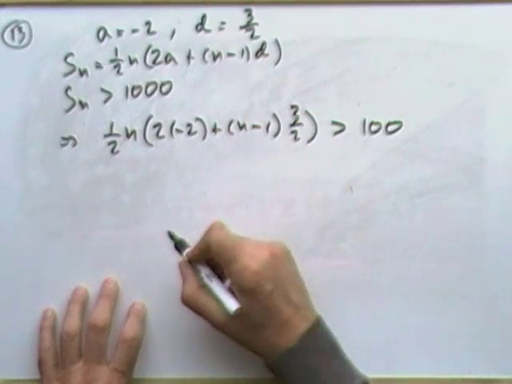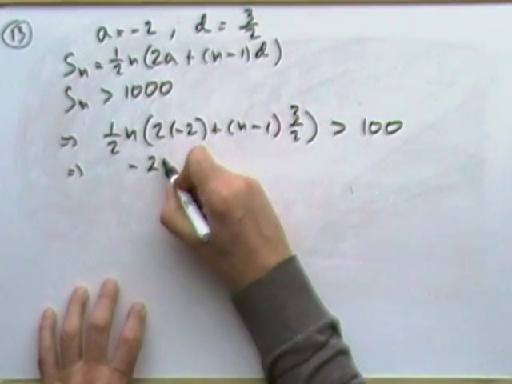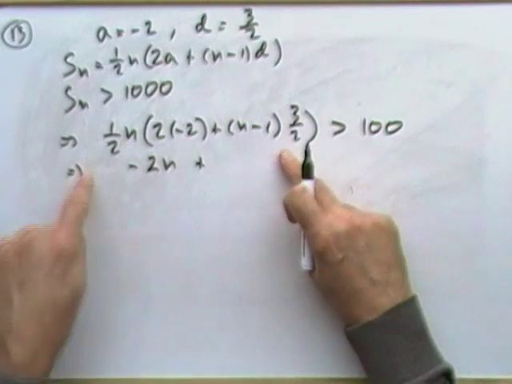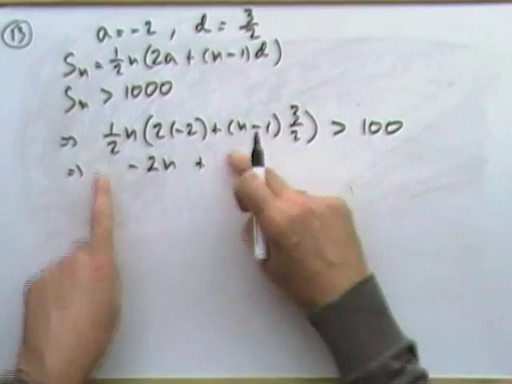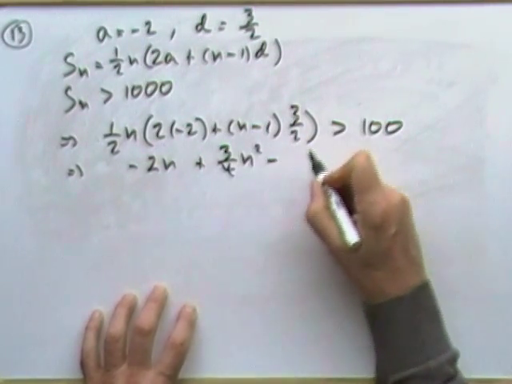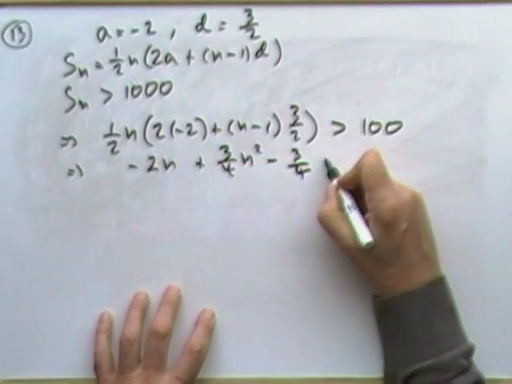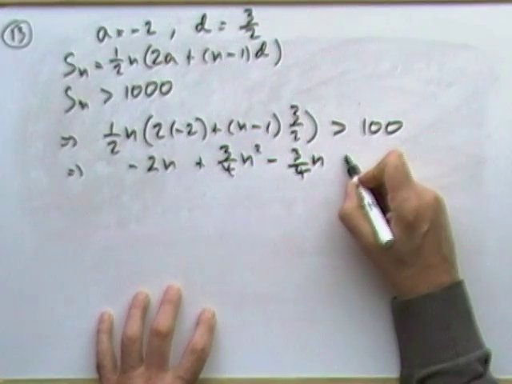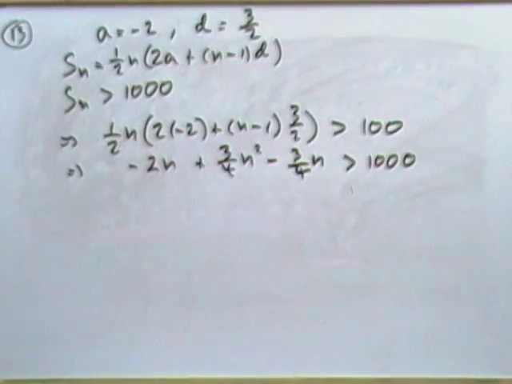Well, I'll just multiply it out first of all. So that means I've got negative 2n plus, then multiplying these parts together, 3/4 of n squared minus 3/4 of n has to be greater than 1,000. Now there's a quadratic inequation coming on.